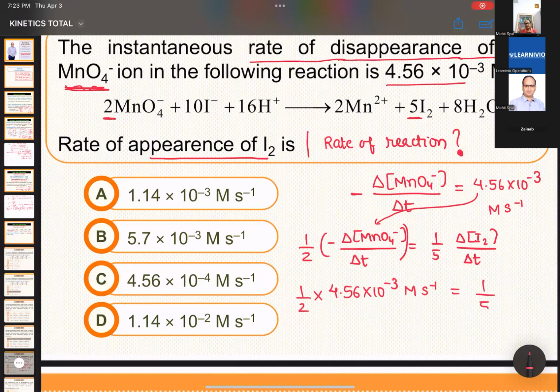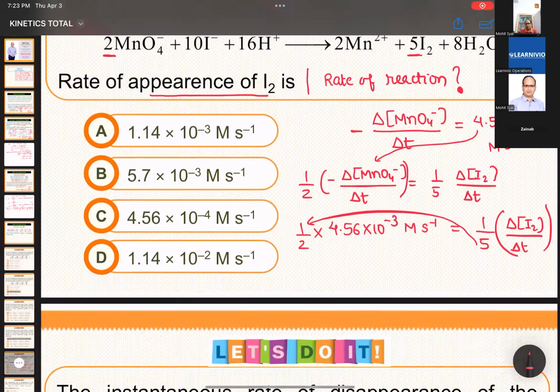Equal to 1 by 5 change in concentration of I2 by time taken. So I equated them by dividing by the respective stoichiometric coefficient, then they become equal, and delta I2 by delta t can be found out by cross multiplying this. Okay, got it?